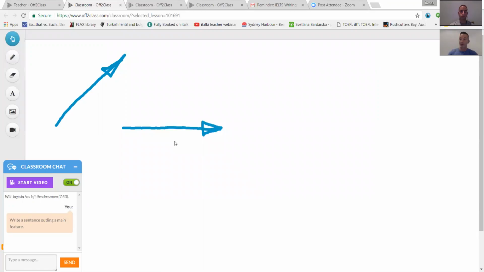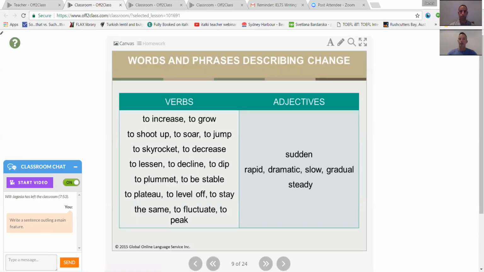I've only got a couple here, for instance, but you can start to get them to draw on the screen, and then you would draw on the screen, and you can have them ready to start using that language in a more productive way. So you can draw fluctuations on the screen and things like that, and hopefully get them to start describing that language.